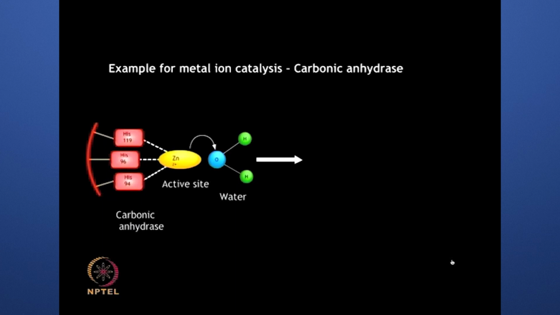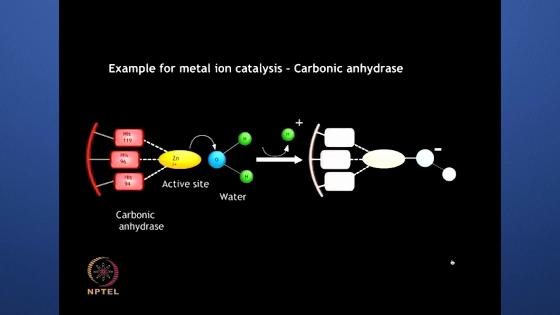The zinc ion in its active site is bound to the imidazole rings of three histidine residues as well as to a molecule of water. This binding to water facilitates formation of a hydroxide nucleophile with concomitant release of a proton.